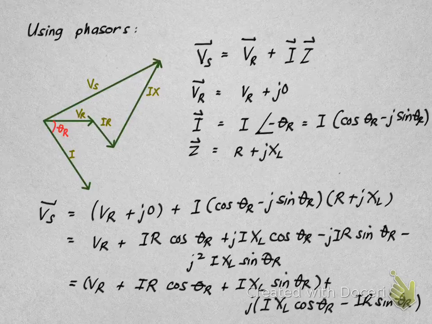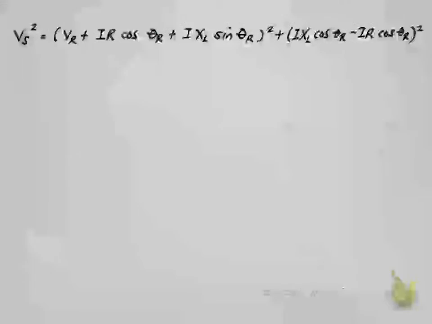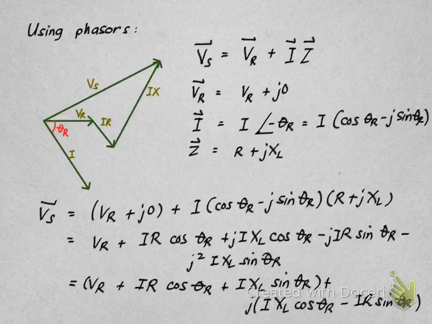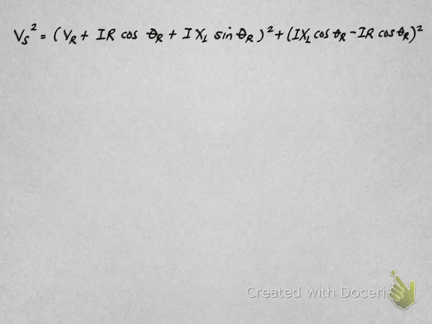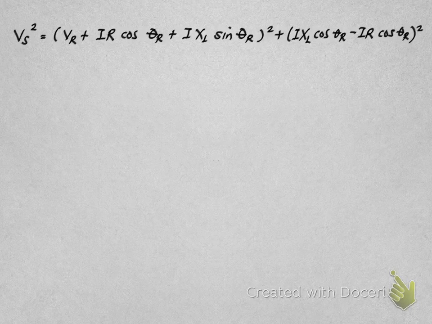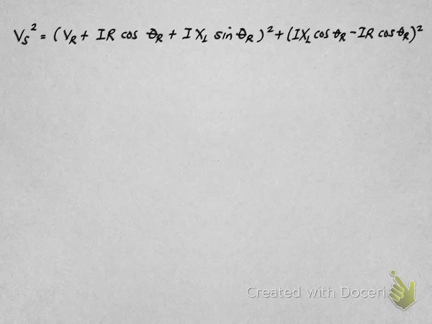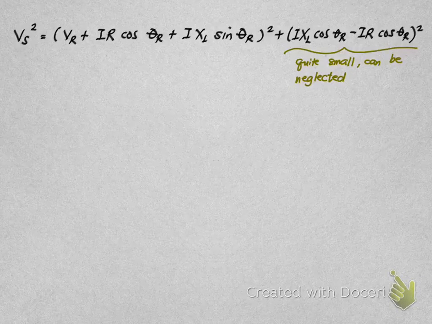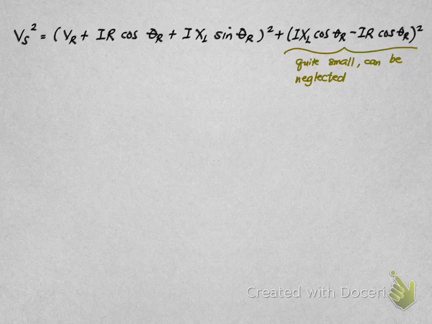Now, in order to simplify it, in getting the magnitude, we have Vs squared equals the square of that term plus the square of another term. This term is quite small, so according to references, it can be neglected.